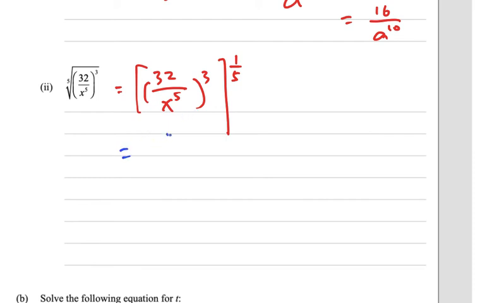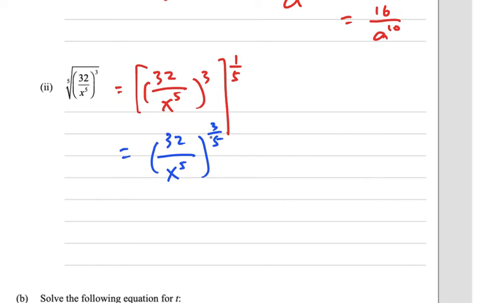So let me actually simplify that. Basically, it's 32 over x to the power 5, and then you have power of power, you basically multiply the powers, right?